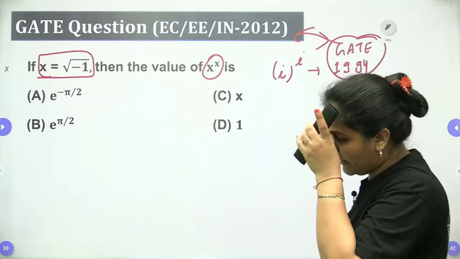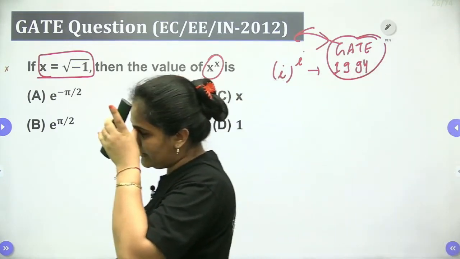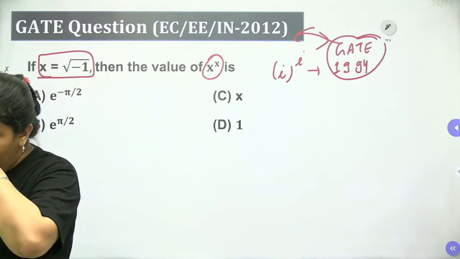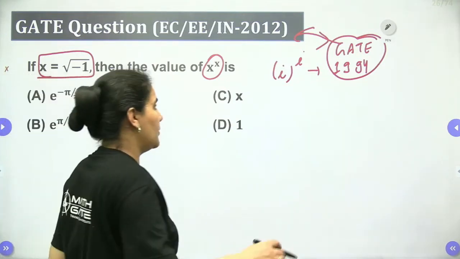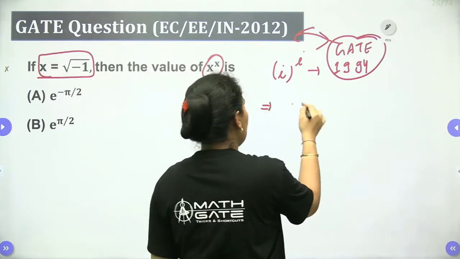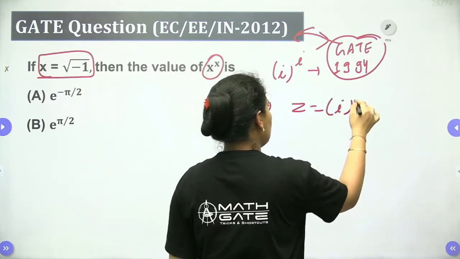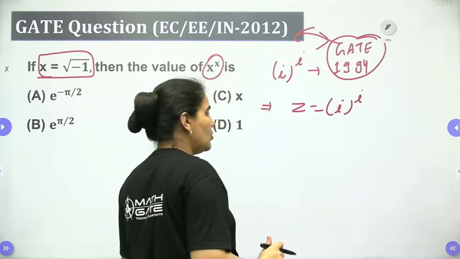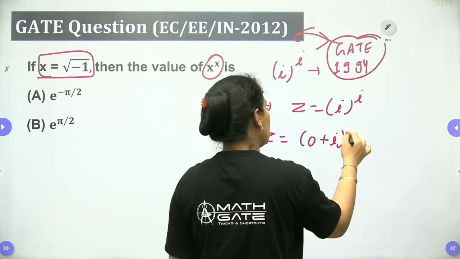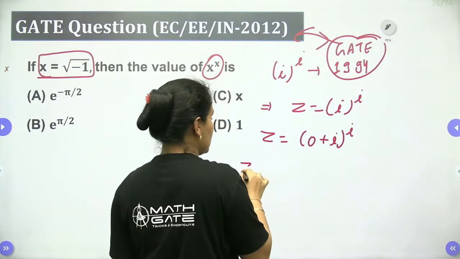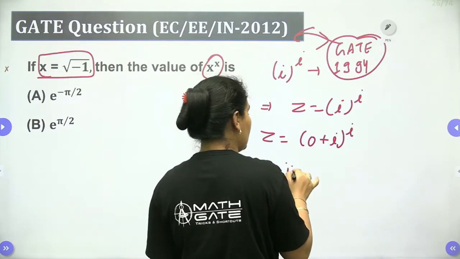So iota power iota, when we have iota power iota, it's clearly seen, dear students, that we can approach the question with the help of the basic approach, right? So we can write here z is equal to iota to the power iota. How will you write it down? You will say, ma'am, it is nothing but 0 plus iota, to the power iota. Yes, the standard form is x plus iota y.